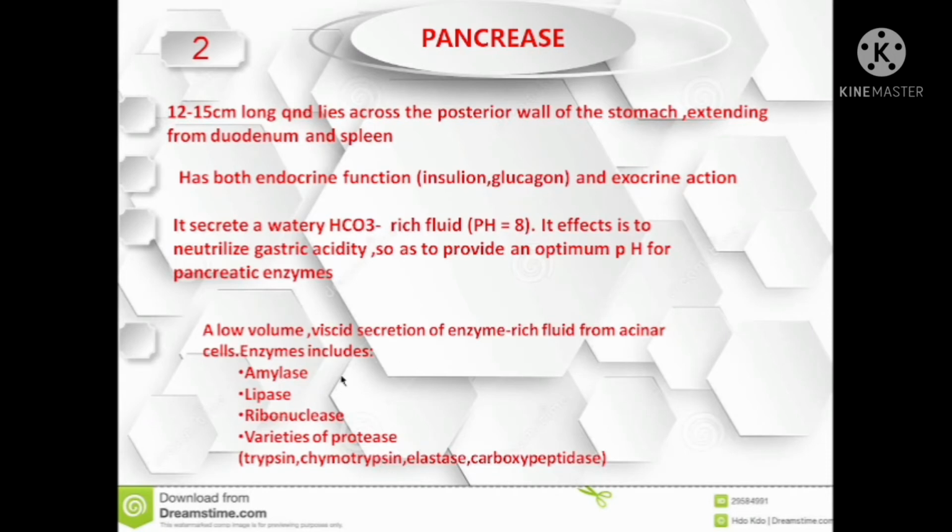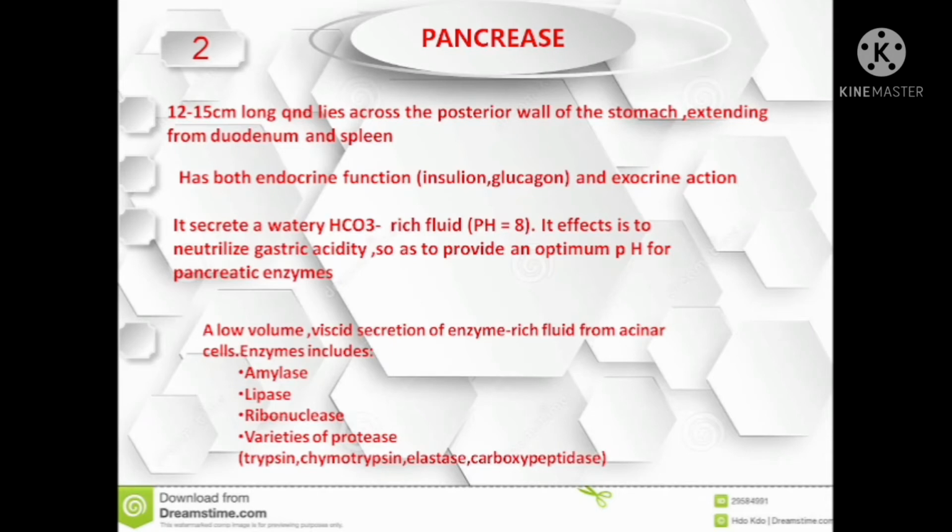Now some of the enzymes found in the pancreas, you have the amylase, the lipase, the ribonuclease, varieties of proteases. In fact, you can even get trypsin, chymotrypsin, elastase, and carboxypeptidase. All these are produced by the pancreas. So always remember that the pancreas is involved in the neutralization of gastric acidity, okay?